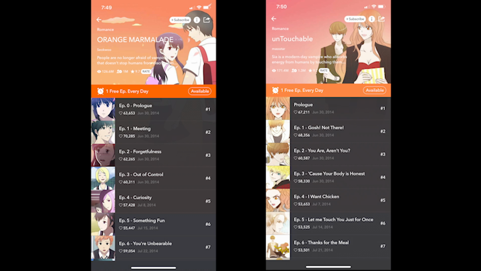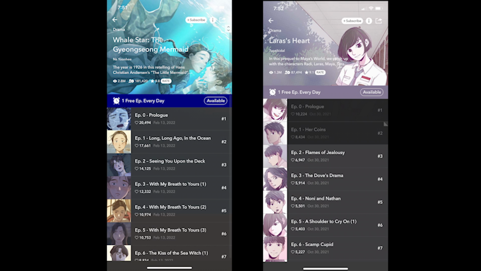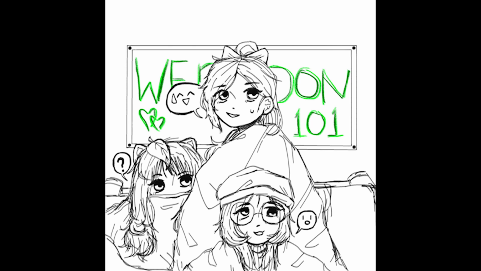This includes mass translations. There are some series that don't get released weekly. They're completed in their original language, and they just translate the entire series and then drop it on one day for you to read completely, but they're all under daily pass.